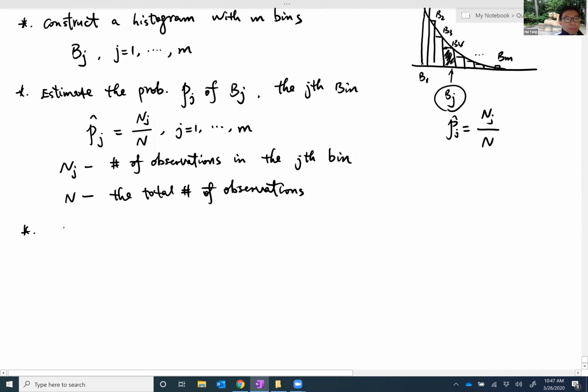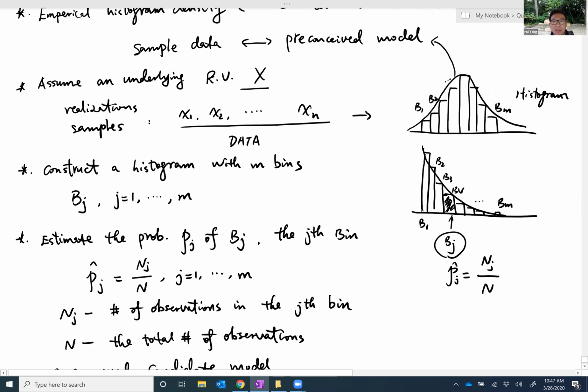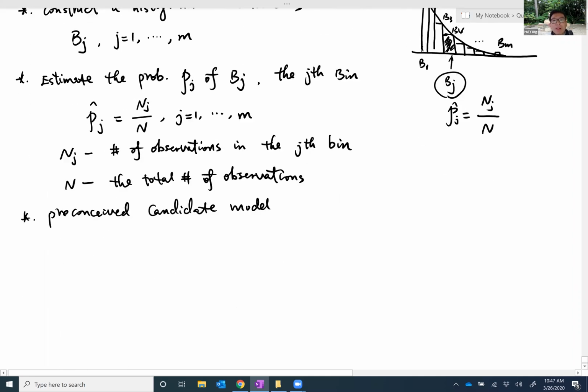We also have a preconceived candidate model. That means after we check the histogram, we might have some ideas in our mind that, oh, this might be the normal distribution, this might be the exponential distribution. Now, if we assume this is from an exponential distribution, let's see what the probability is.